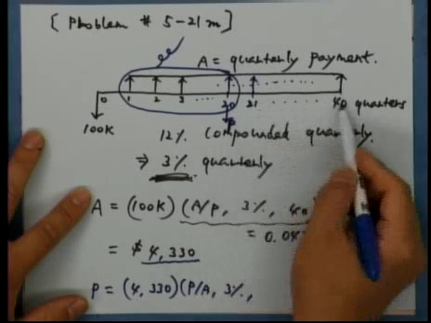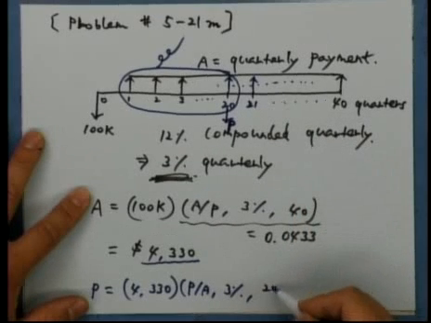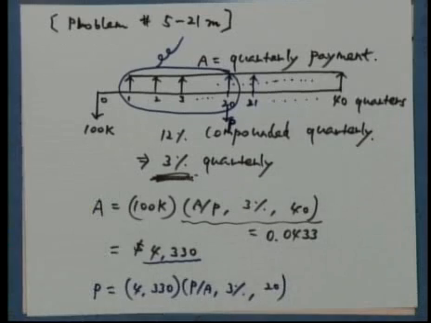From 20 to 40. So how much is that? 3% P given A over 20 periods. That is 14.877.